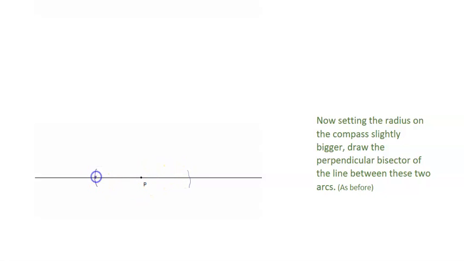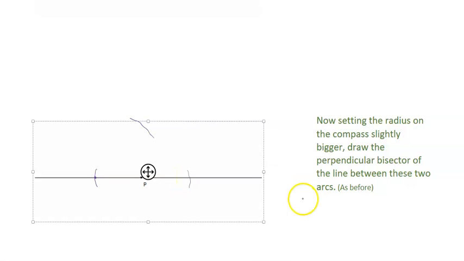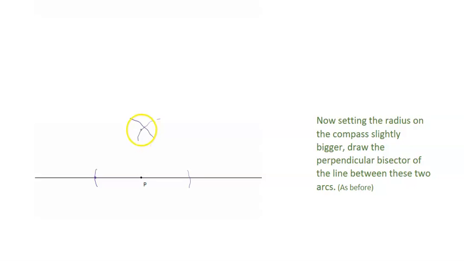Pivoting from this point, set it there so that you create an arc. Then, keeping the same setting, move it over here and do the same thing, creating an arc around there. Then when you join up from that intersection to P, it should be at a perfect right angle.